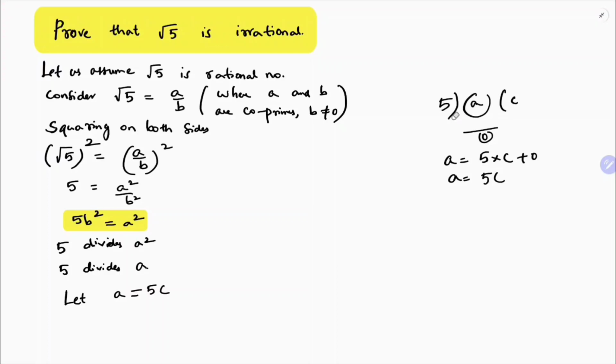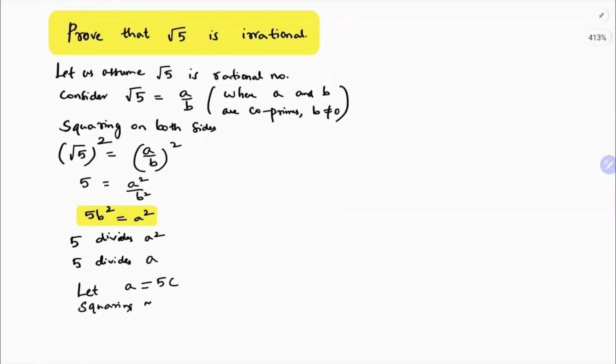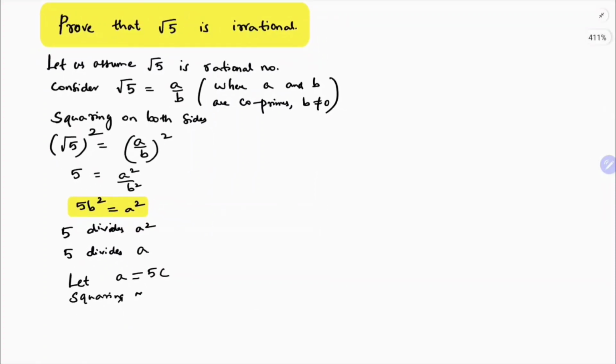Again, squaring on both sides. So a square equals 5c whole square.